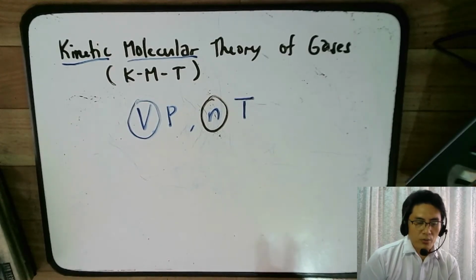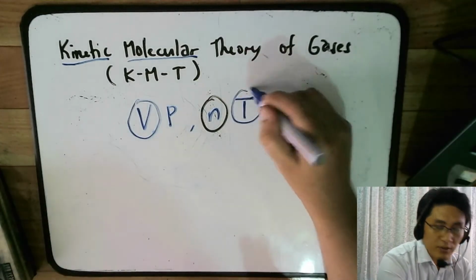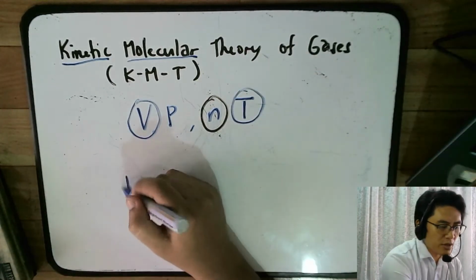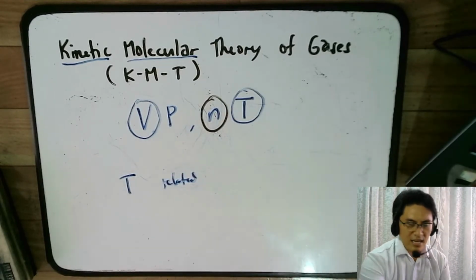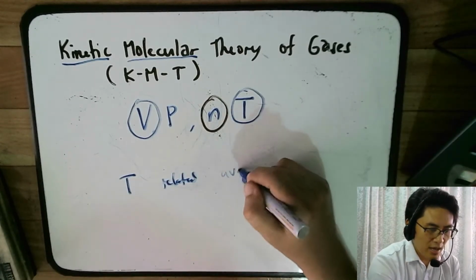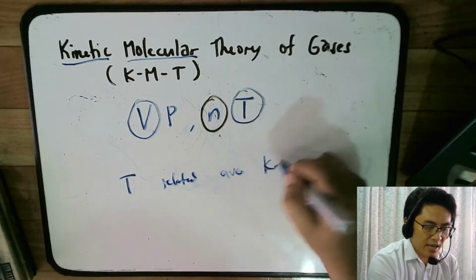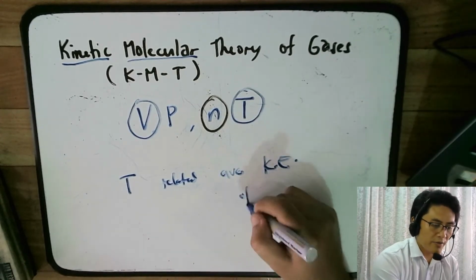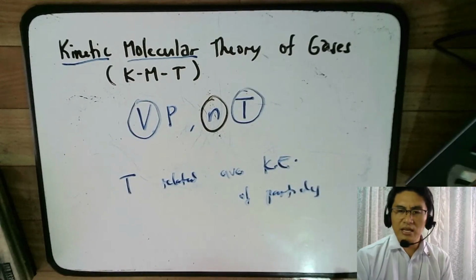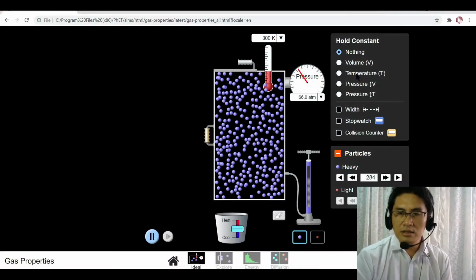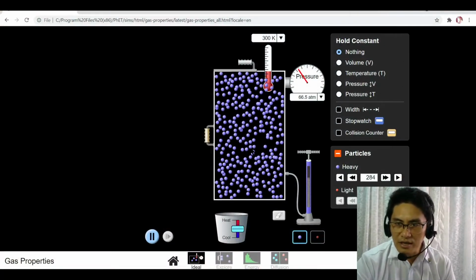Now, the next one that we would try to explain is the temperature. The temperature, class, is related, okay, it's not completely equal, but it's related to the average kinetic energy of the particles. What does it mean, average kinetic energy of the particles, sir? Well, you look at the particles here.